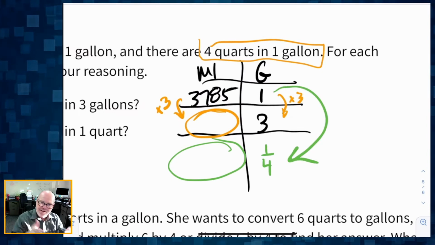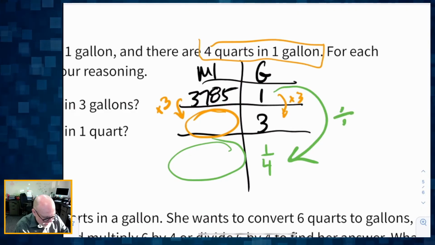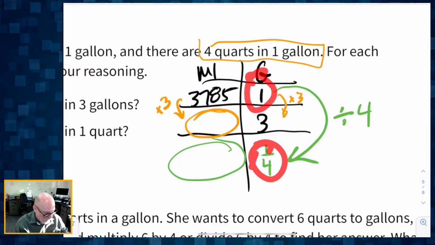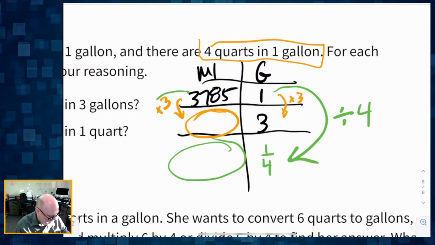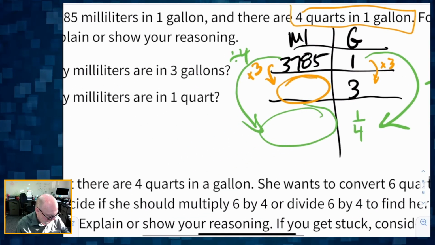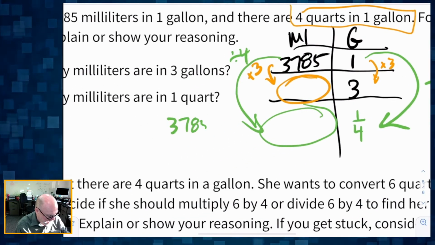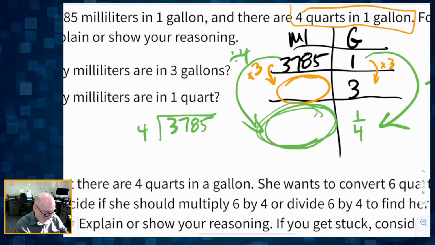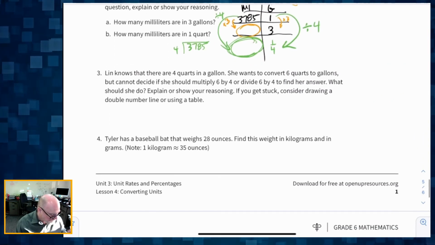I'm going to scale by dividing by 4, because that's how you turn a 1 into a 1/4. So on the left side with the milliliters, I'm going to divide by 4. So I'm going to do 3,785 divided by 4, and whatever that answer is, that's your answer right there.